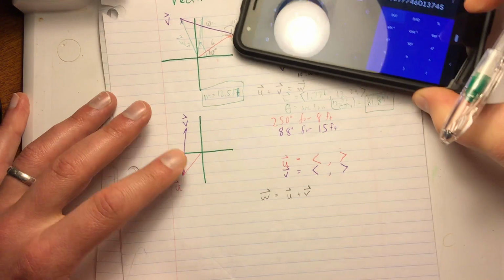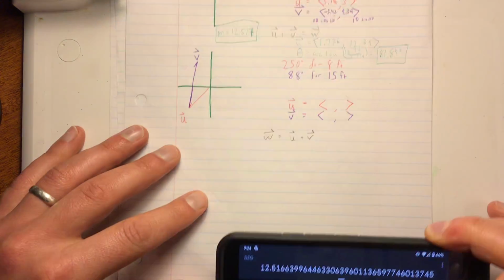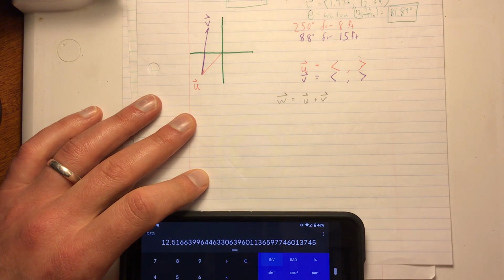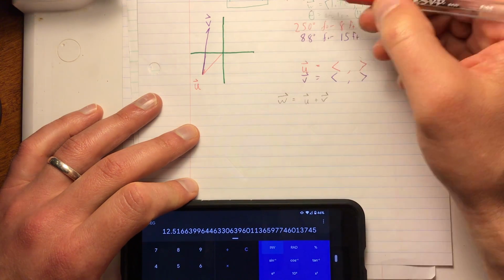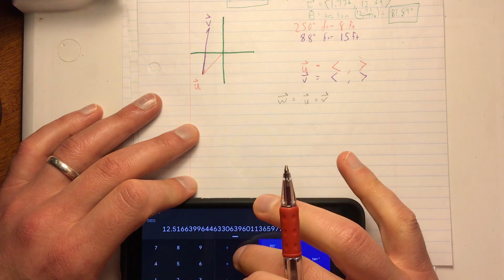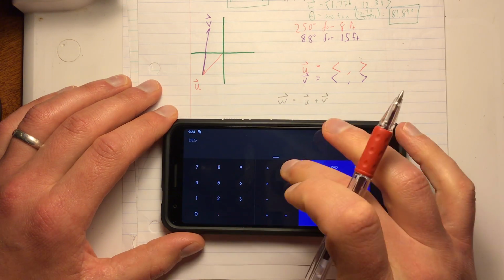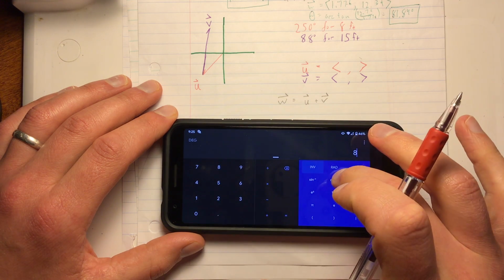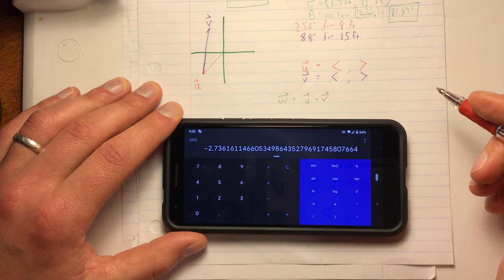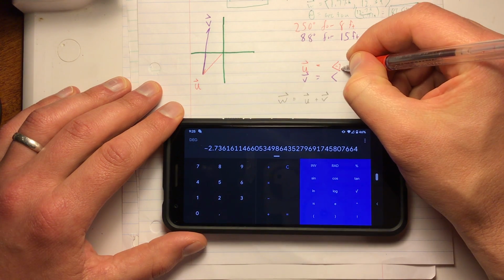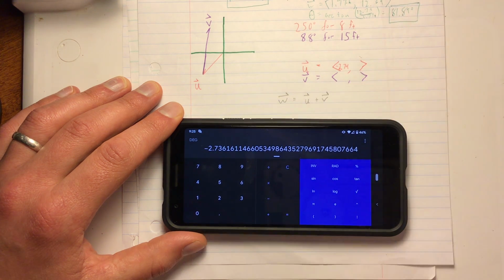All right, same thing down here. So to find W, I'll break it up into its components first. So 250 degrees for 8 feet. 8 times the cosine of 250, negative 2.74, I'm going to go ahead and round here.